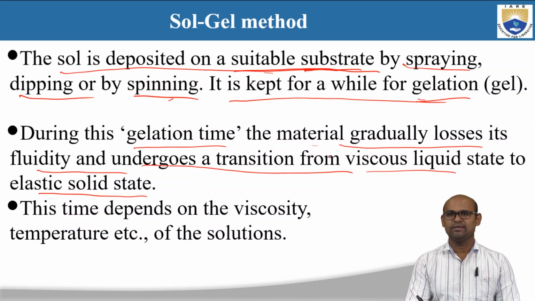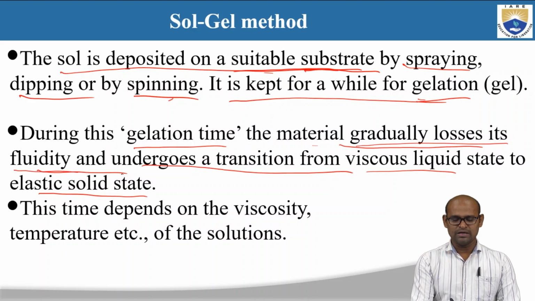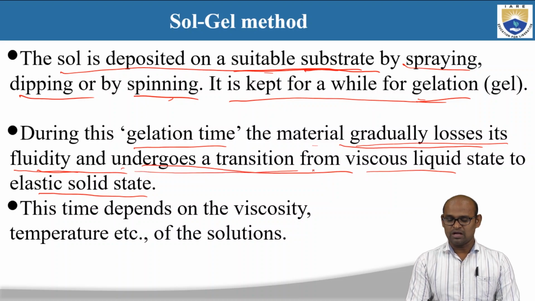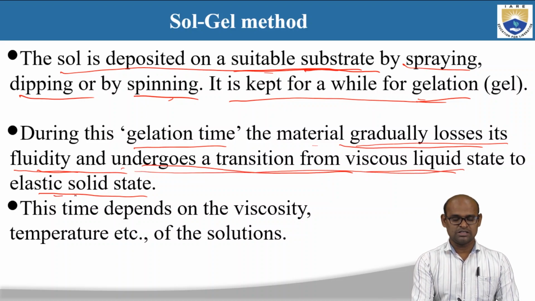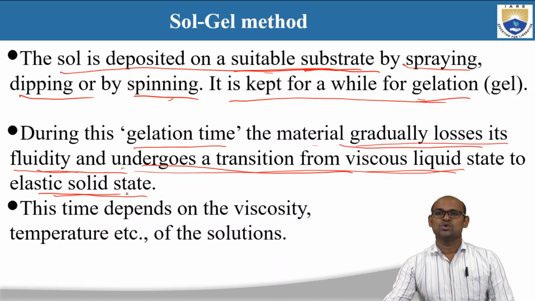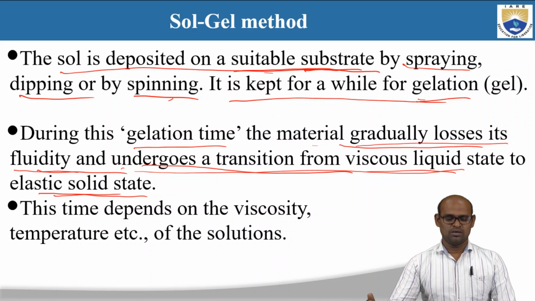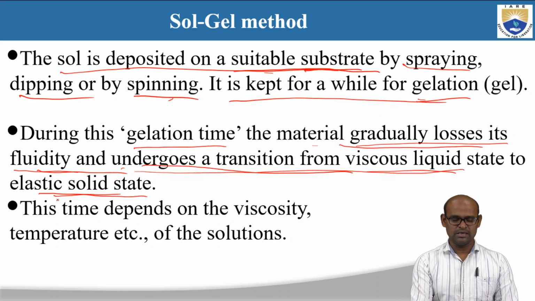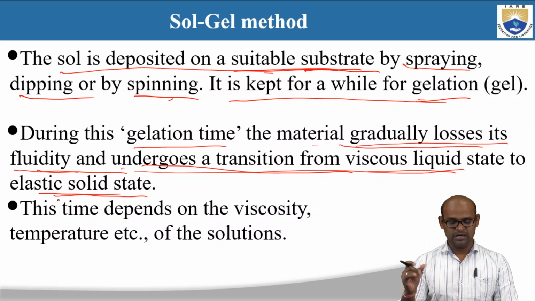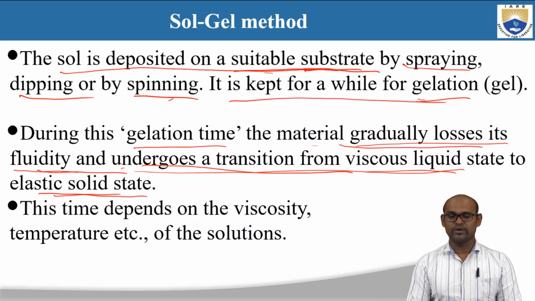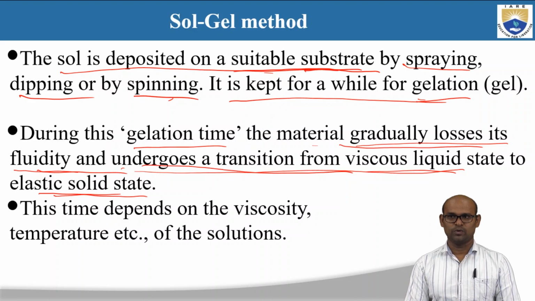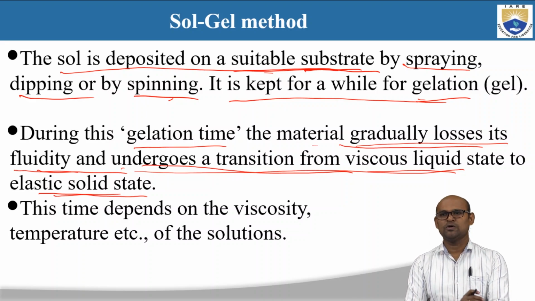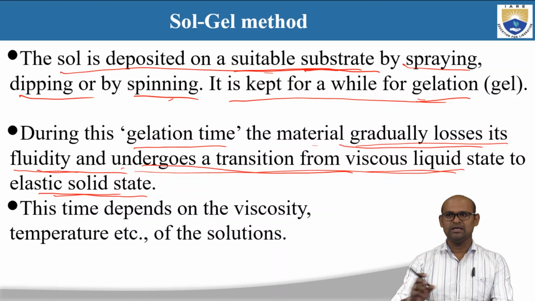During this gelation time, the material gradually loses its fluidity and undergoes a transition from viscous liquid to elastic solid state. So the viscous liquid is going to change to an elastic solid. Basically, the solution deposited on the substrate is going to become like a gel.